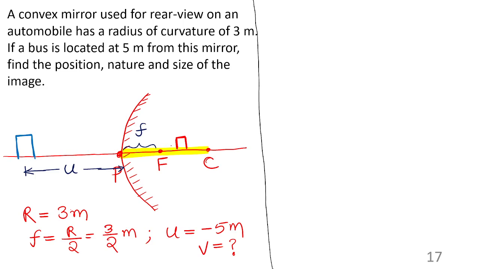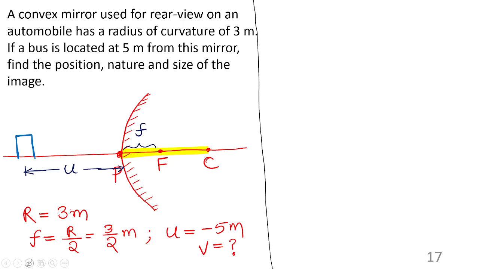The image position we have to find, as well as all the properties of the image. Whether it is inverted, whether it is smaller or enlarged, all the details I want. So till this step all of you clear? Lina, Usma, Joshida, Samruddhi, all of you clear? Yes, sir. Okay, so you understood.